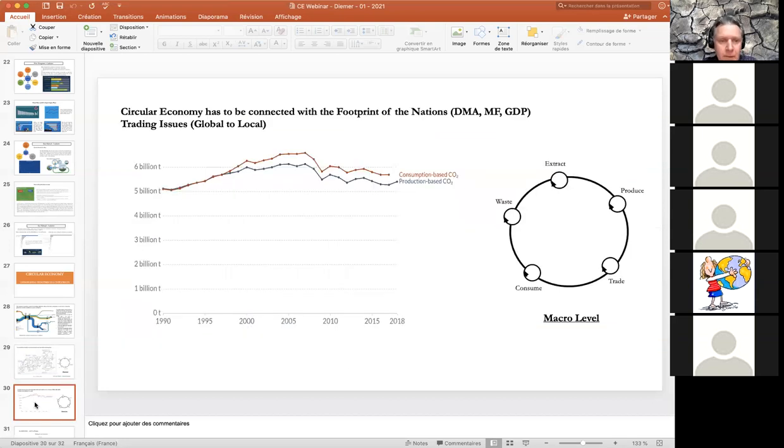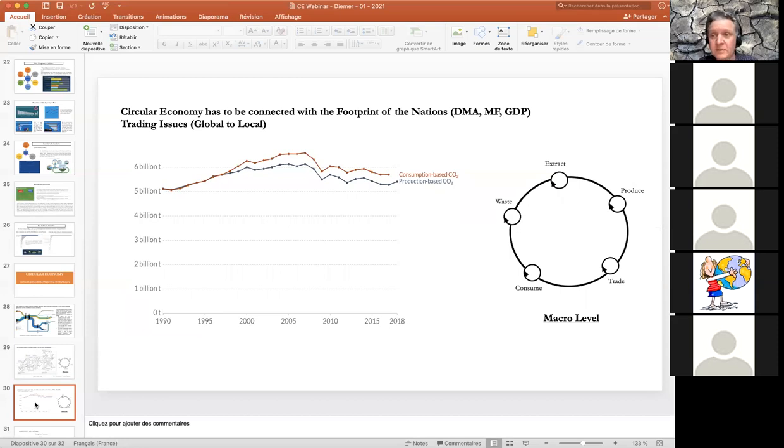The third conclusion: you really have to reconnect circular economy to the footprint of nations, and I should say to the trading issues. You see, I'm coming back to my micro levels. I think for the moment we are really focused on the connection between produce, consume, and waste.